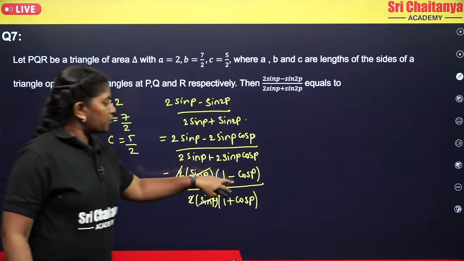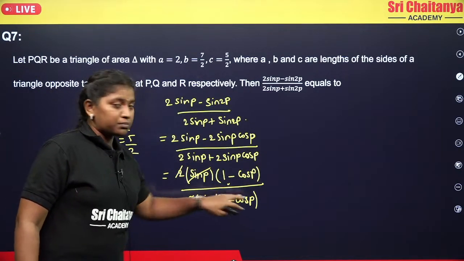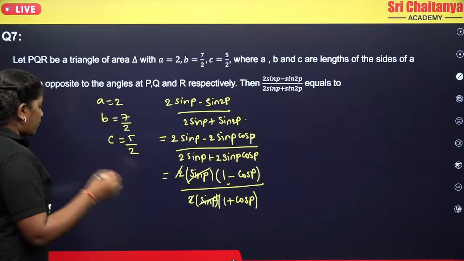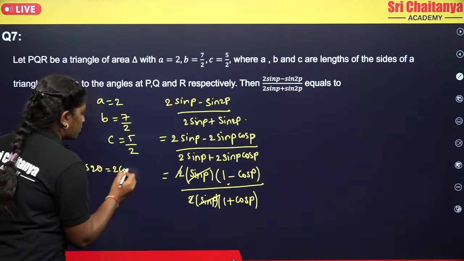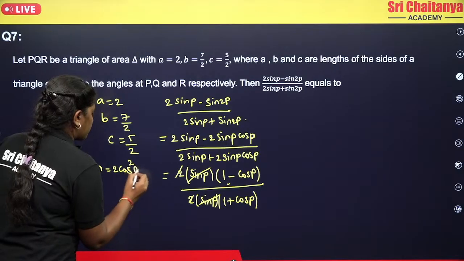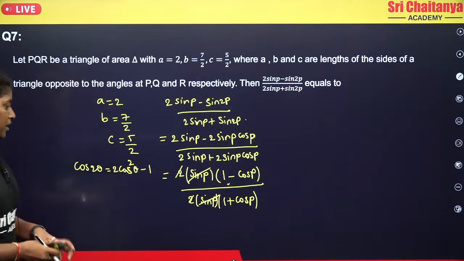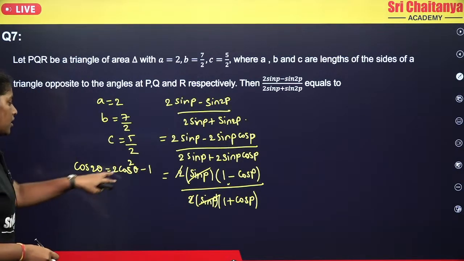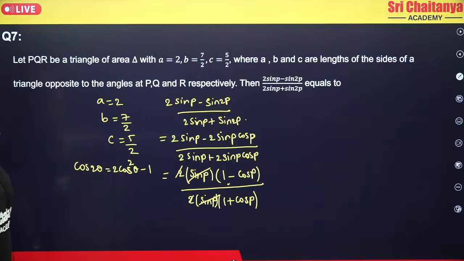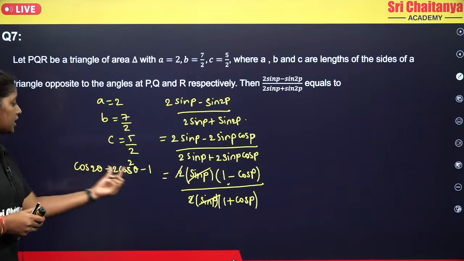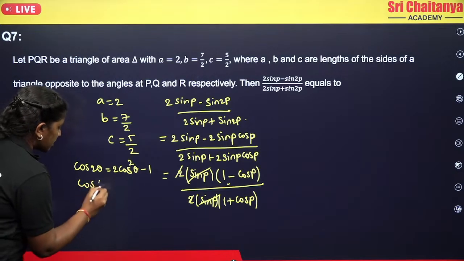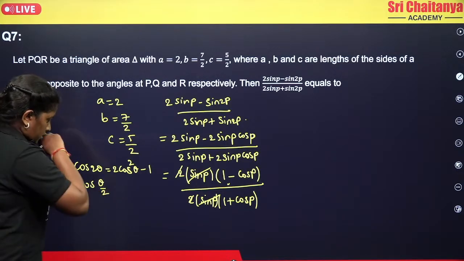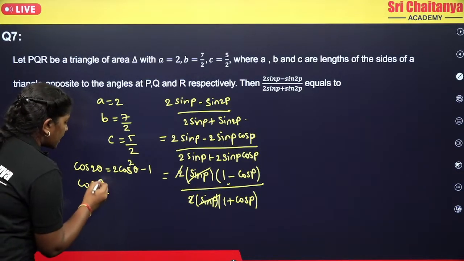Now what we can do with the help of 1 minus cos P and 1 plus cos P? I have already told you the cos 2 theta formula is 2 cos square theta minus 1, right? So from this, what will cos square theta become? If we take cos 2 theta, it will be 2 cos square theta minus 1. But what if we take cos theta?